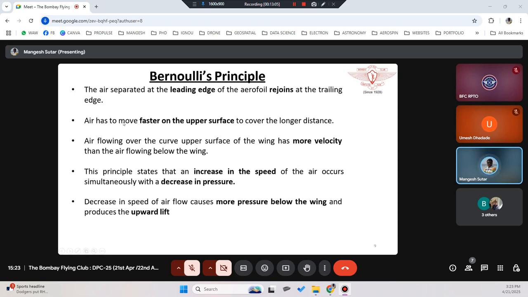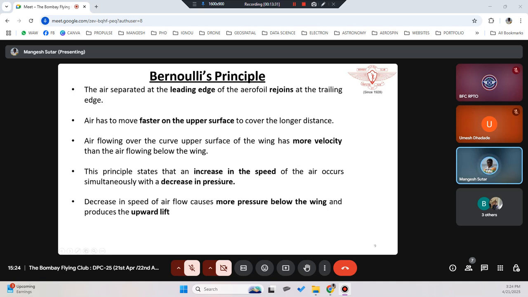The air has to move faster on the upper surface, because the upper surface is curved, so on the curved surface it has to move faster to cover the distance. So air flowing on the upper surface of the wing has more velocity than the air flowing below the wing. Okay, this principle states that an increase in the speed of air occurs simultaneously with a decrease in the pressure.